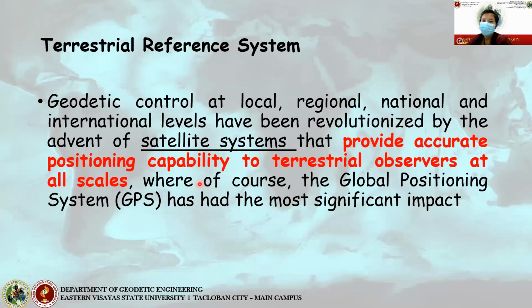Geodetic control at local level. When I say geodetic control, these are control points or monuments established on the surface of the Earth using a geodetic survey. Geodetic is a type of survey which considers the curvature of the Earth.